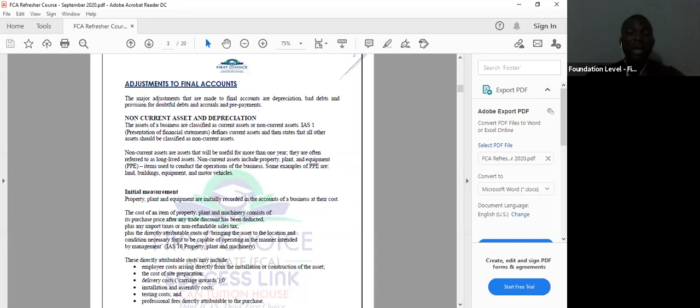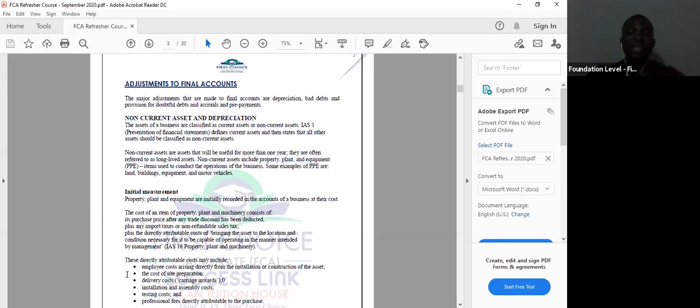According to IAS 1, which talks about presentation of financial statements, we have the elements of financial statements, which I've explained earlier: asset, liability, equity, income, and expenses. One of them is the asset, and I said that asset is divided into two: non-current asset and current asset.